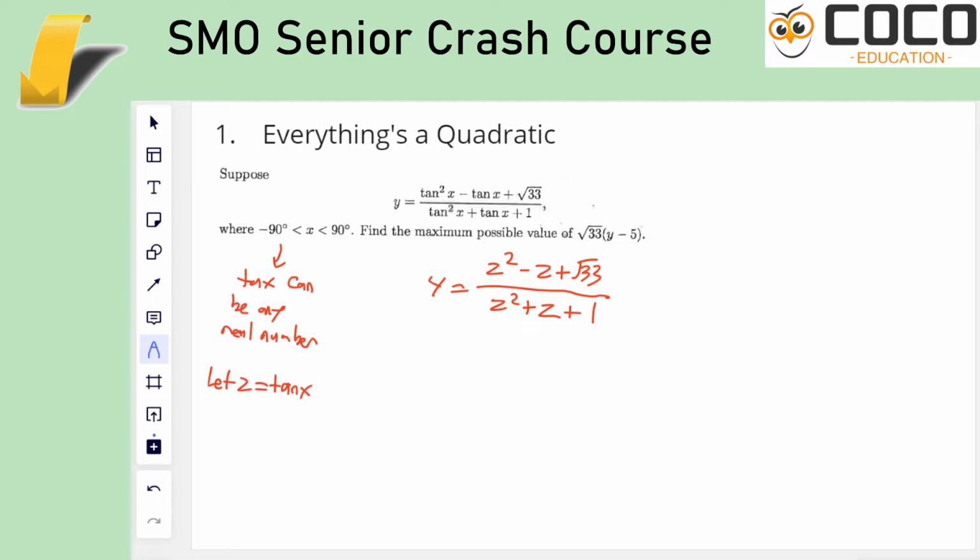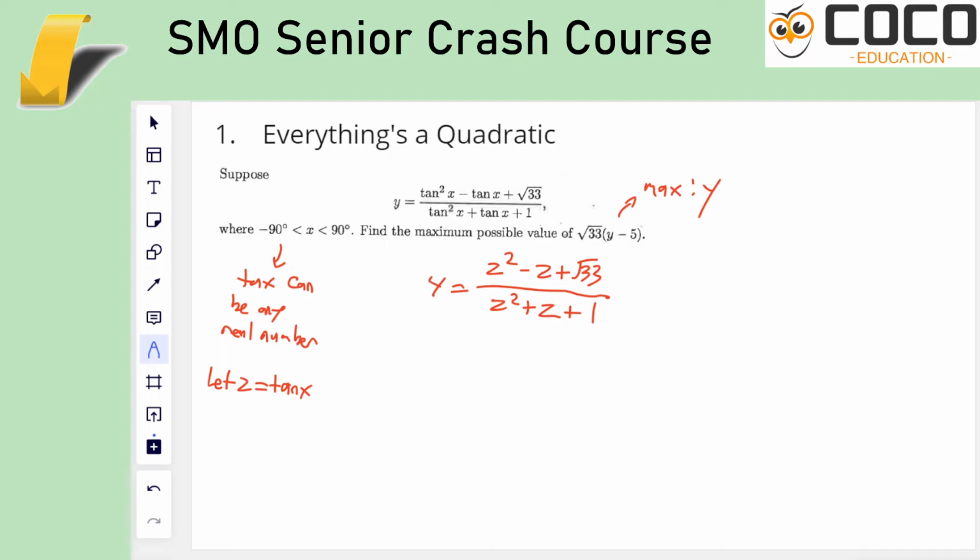The question is effectively asking you to find the maximum value of y, right? And then after that, adjust it to make it a positive integer. You want to get the maximum value of y from here.